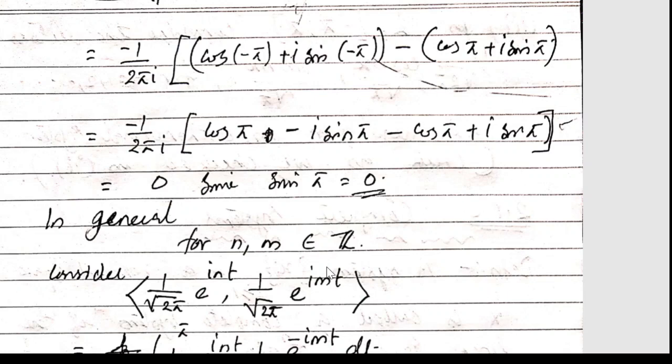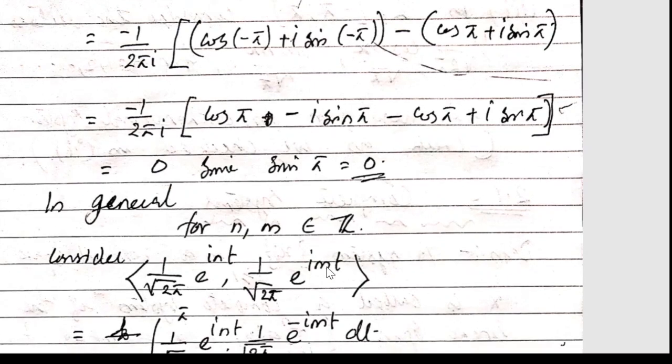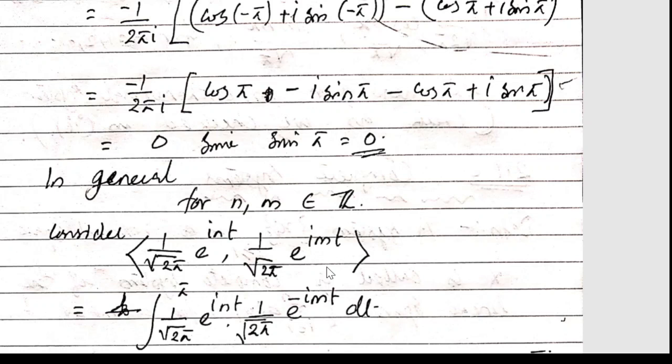That's equal to the integral from minus pi to pi of e raised to int into 1 by root of 2 pi e raised to minus imt dt.